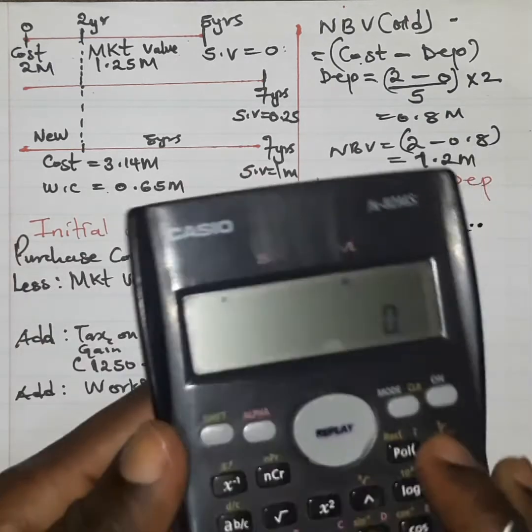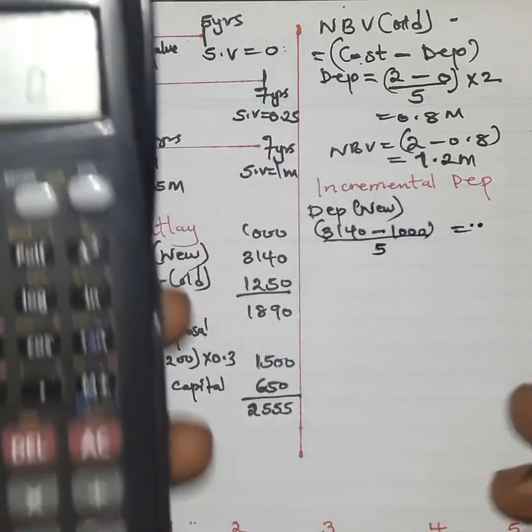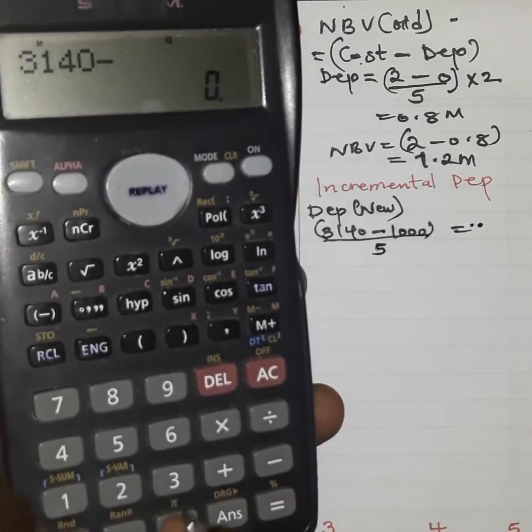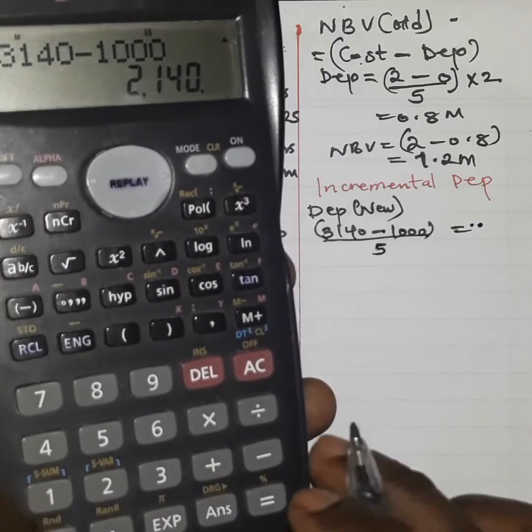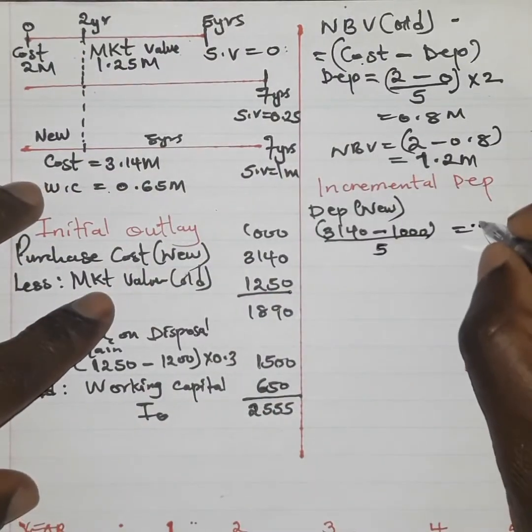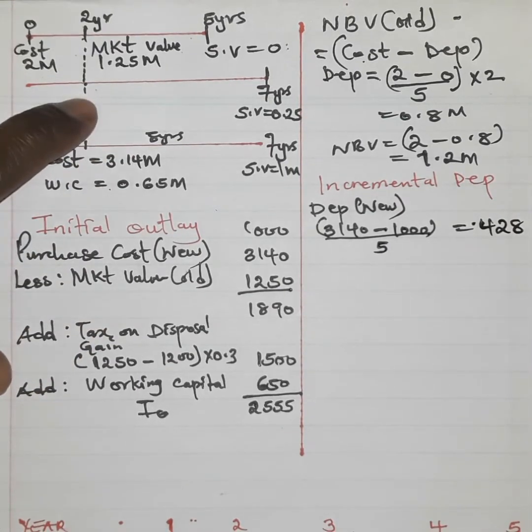You can work it and see what we get actually. 3140 minus 1000, divided by 5, is 428. So we have 428,000.